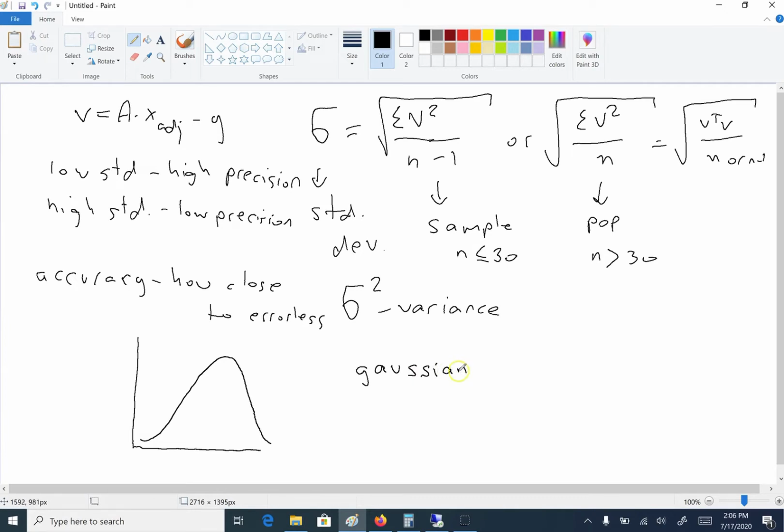So this is the Gaussian, or bell curve, or normal distribution.